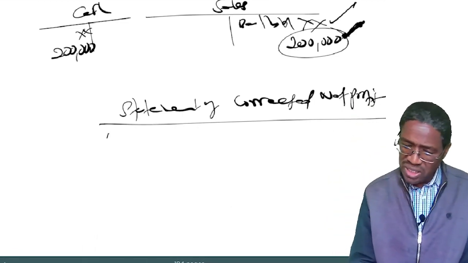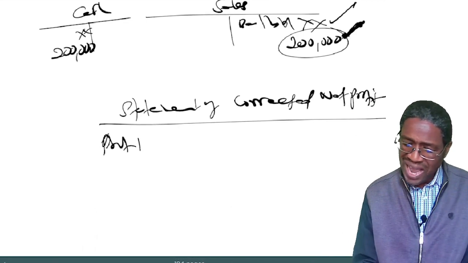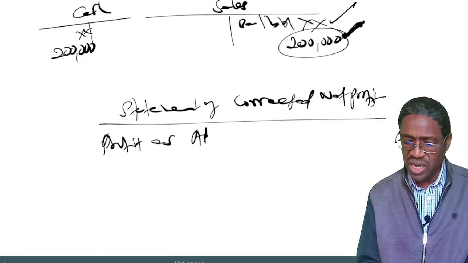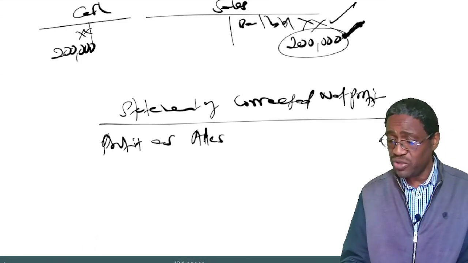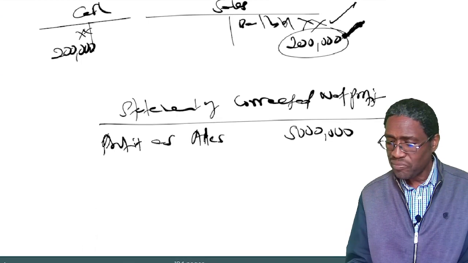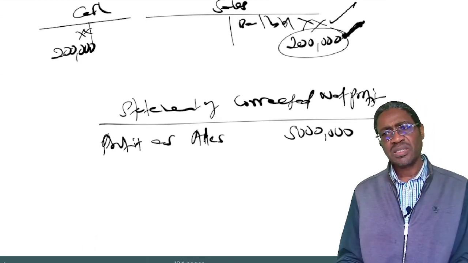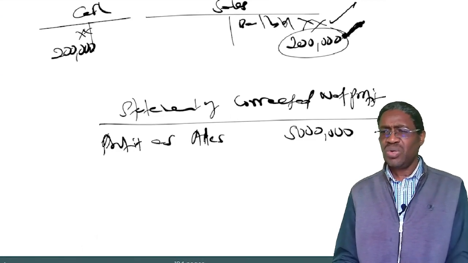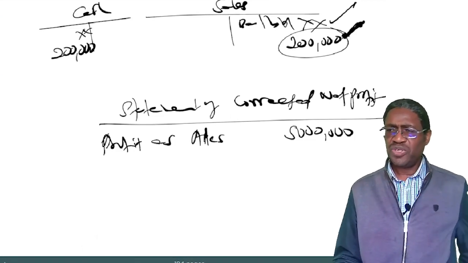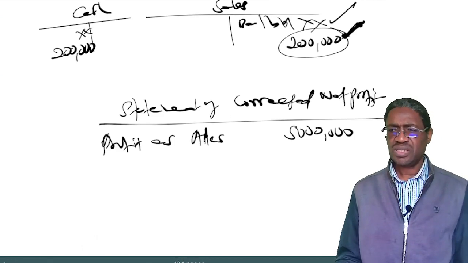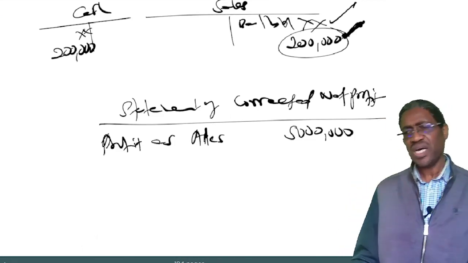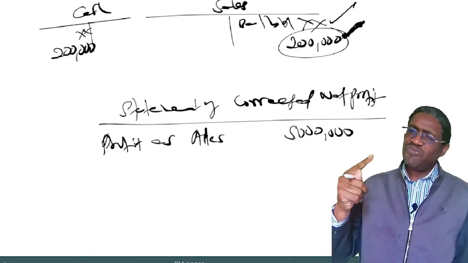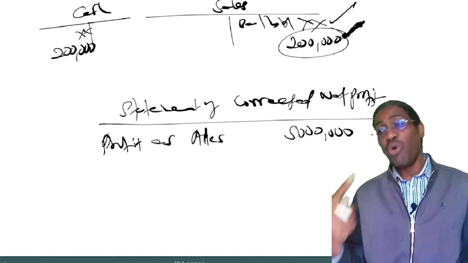You will come and say profit as per accounts. Maybe you got a profit of 5 million. But you later realize sales were undercosted. When sales are undercosted, is profit overcosted or undercosted? If your sales were undercosted, will that have made your profit less than it should be or more than it should be?